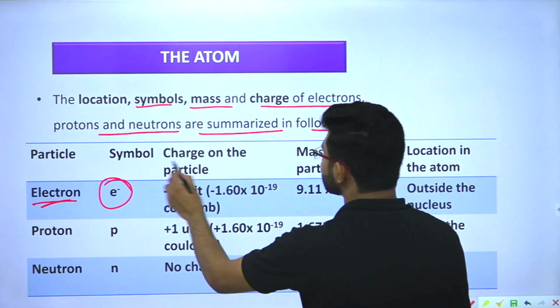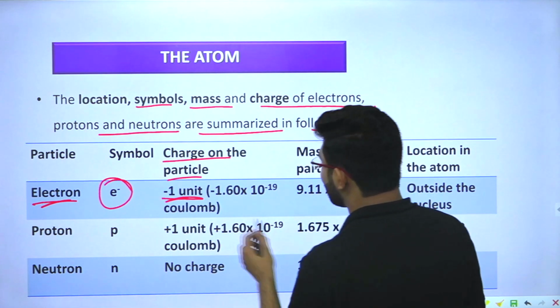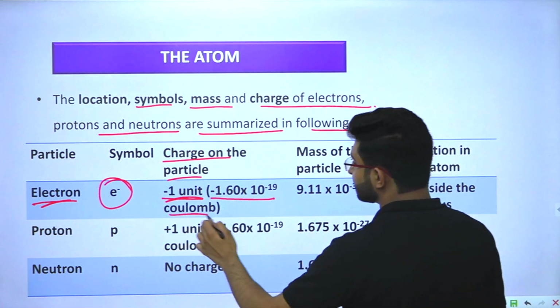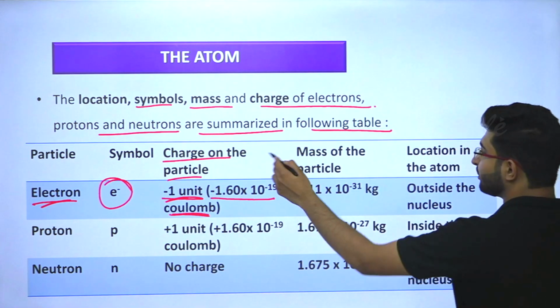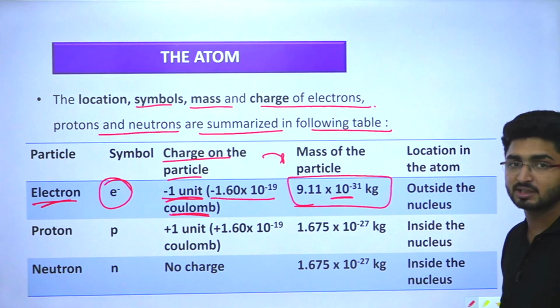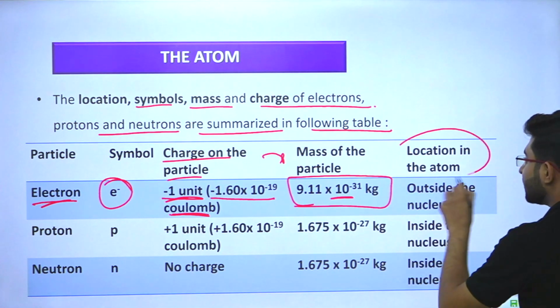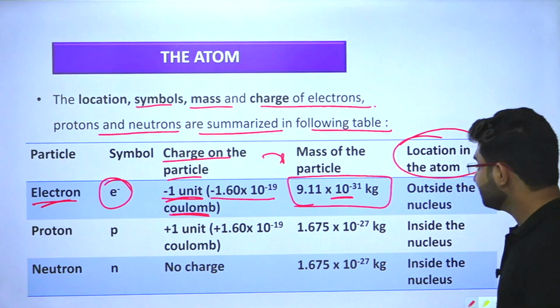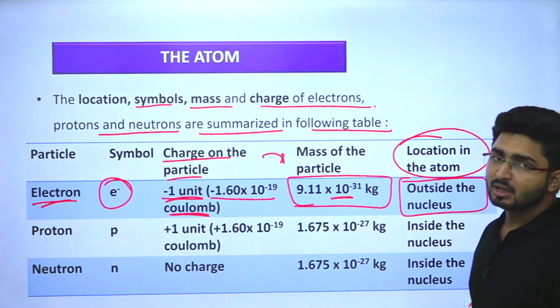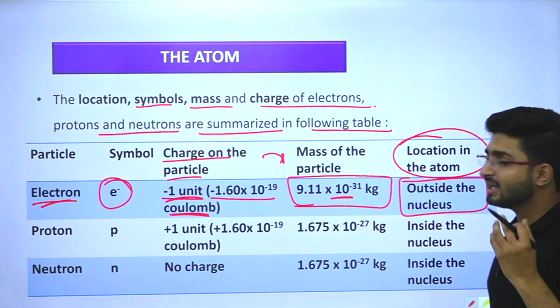The charge on the particle is -1 unit, or the specific charge is -1.6 × 10^-19 coulomb. The mass of the electron is 9.11 × 10^-31 kg. It is situated outside the nucleus, revolving around the nucleus in particular paths known as orbits.